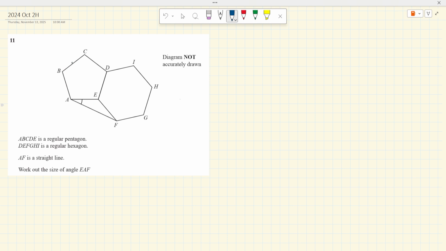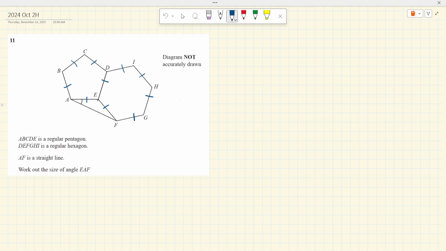Okay, this is a regular pentagon. That means all sides are equal. 1, 2, 3, 4, 5. And this is a hexagon. And we can see there's this side common to both pentagon and hexagon. That means all sides of the pentagon and hexagon are equal.